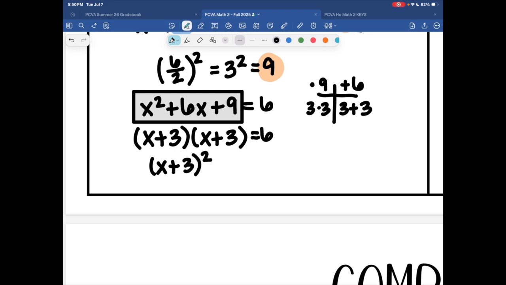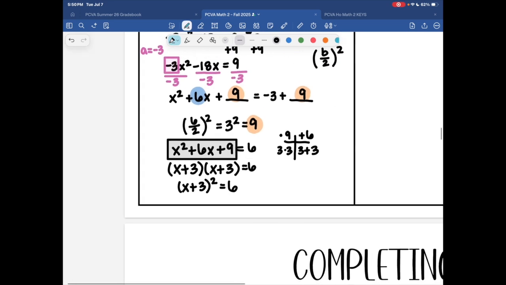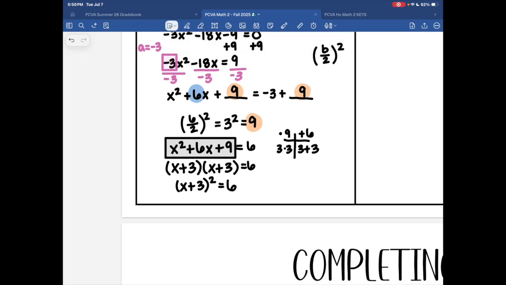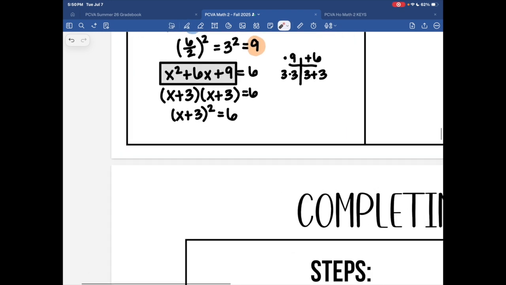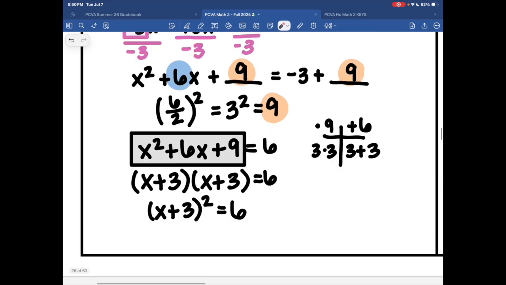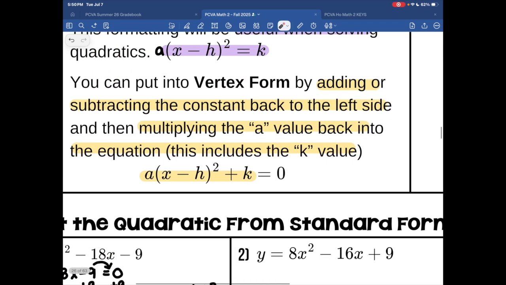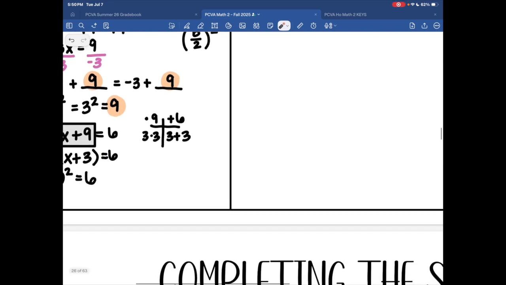squared equals 6. Now, the only other additional steps is reformatting and applying that a value back in our problem that we had before. So the last thing is we want to move, so if I go back to my step, we want to get that k value that we have on the right hand side, we want to get it back to the left hand side.